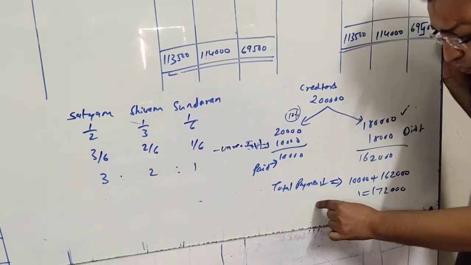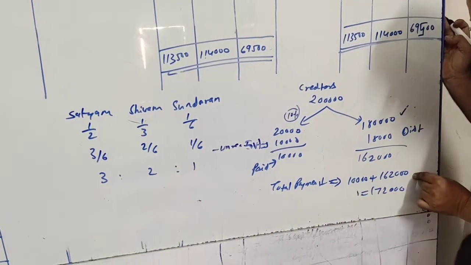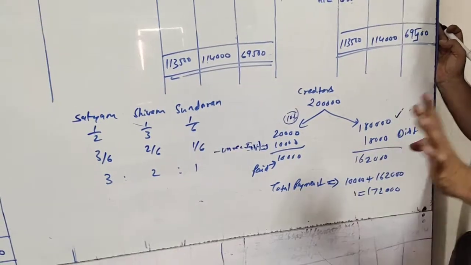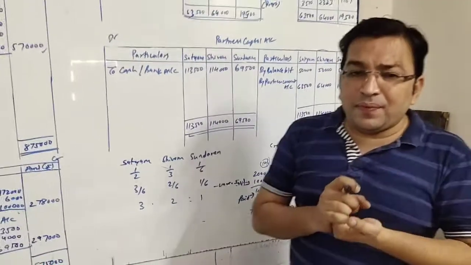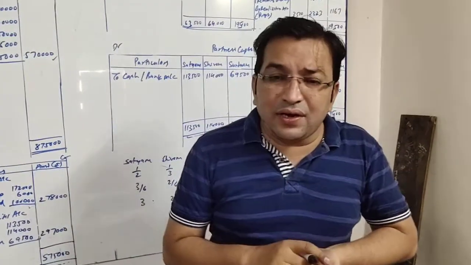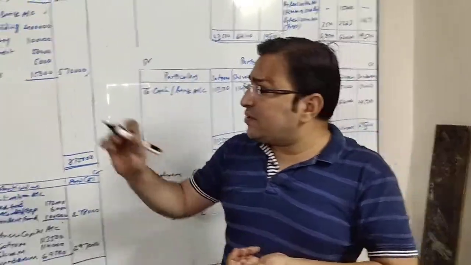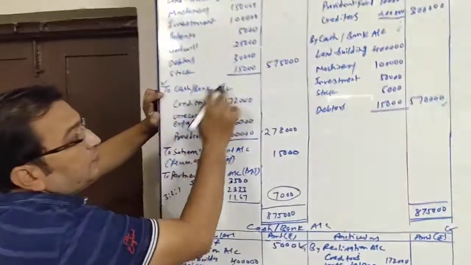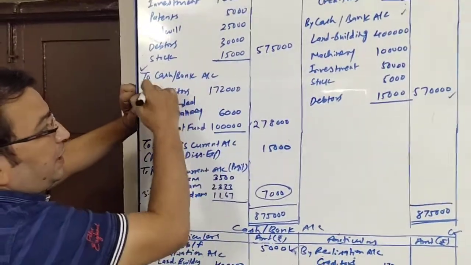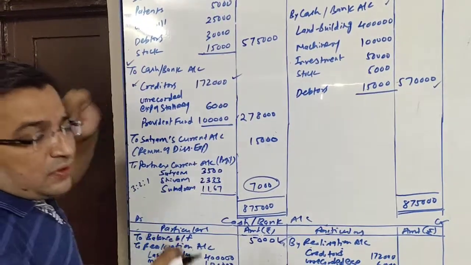That means the total amount paid is 10,000 plus 1,62,000, that is 1,72,000. Okay friends, payment of creditors is debited to realization account and credited to cash account. So in realization account I write to cash account, creditors 1,72,000.